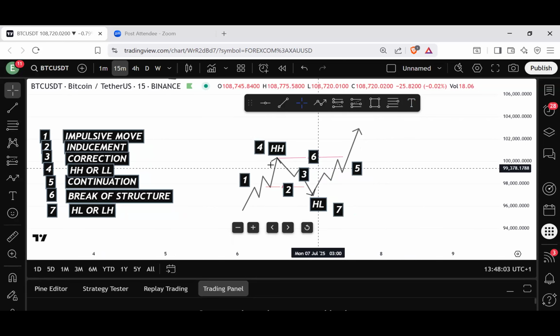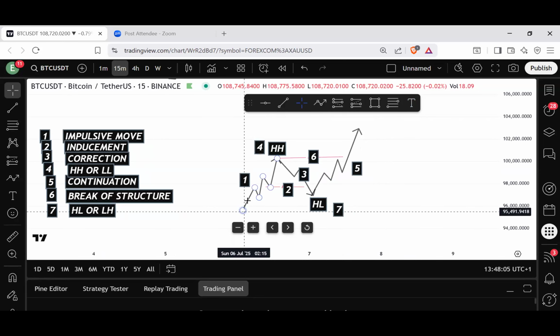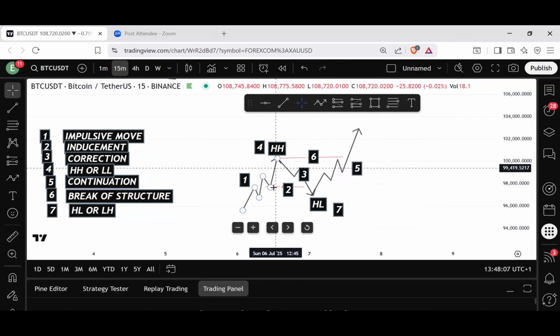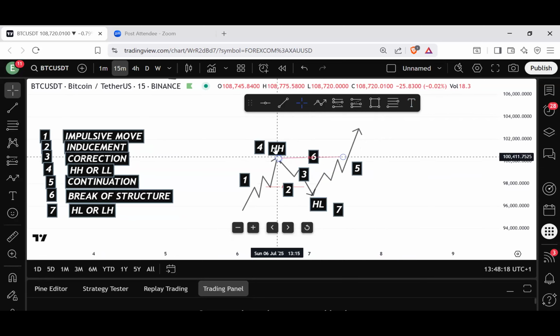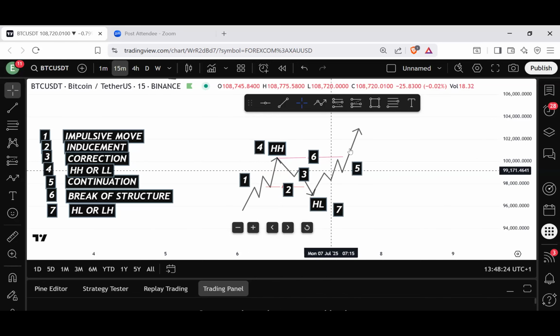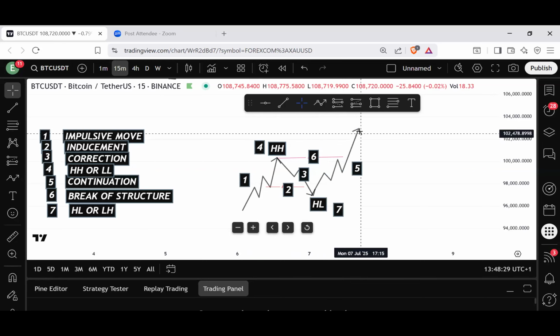We have to see number one before number two, which is inducement. We have to see number two before we confirm this correction. After that we now have number four, which is the higher high. Then after number four, we have to see number five, the continuation.